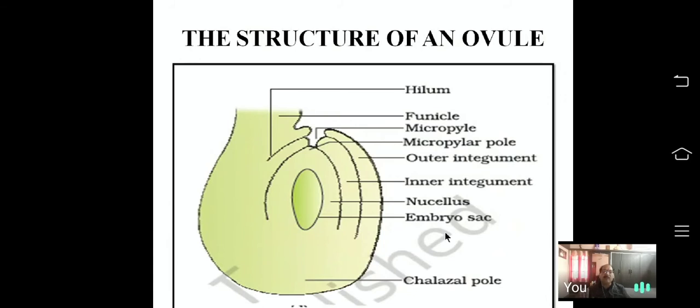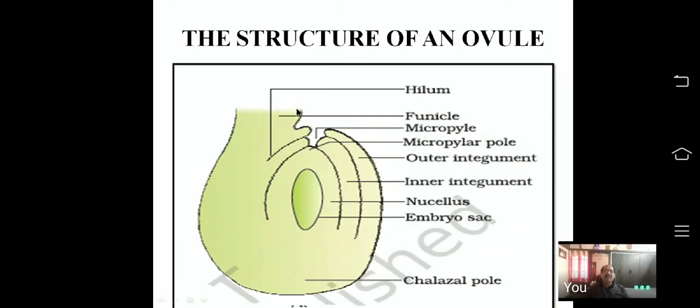Ovary is the part of the pistil or a carpel. Inside the ovary, there may be a single or many ovules present, also called megasporangium.